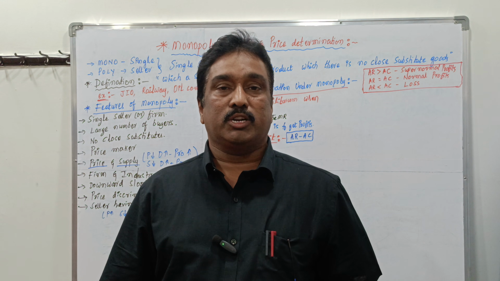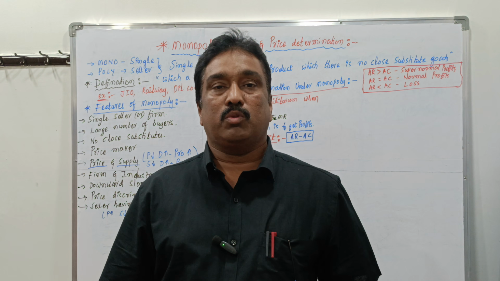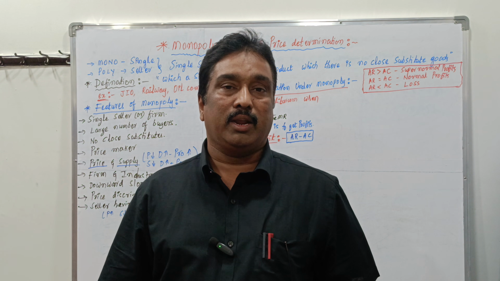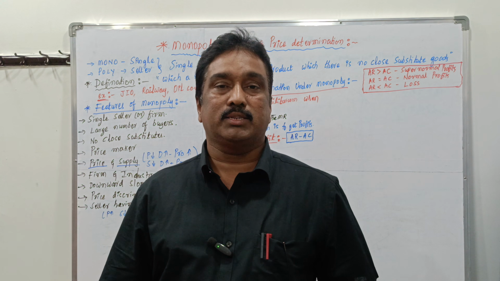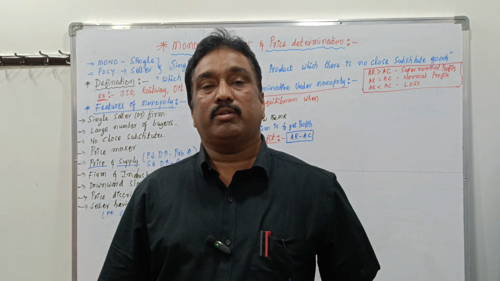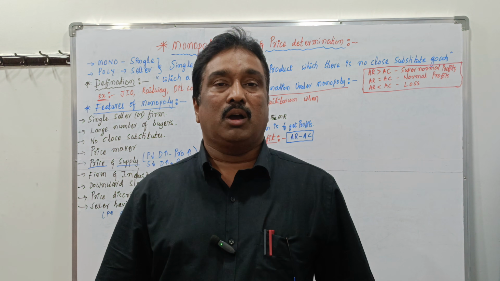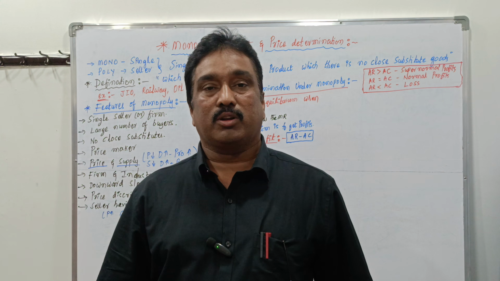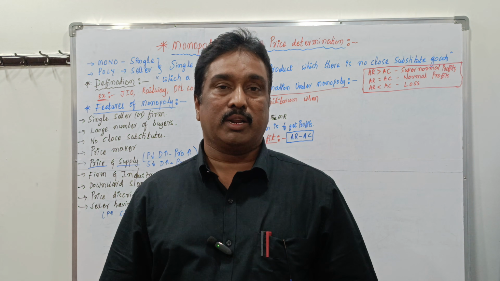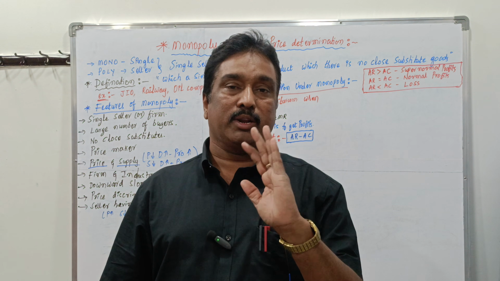Today also I am going to explain a very important topic. So what is called the monopoly? How to determine the price and output in the monopoly market. In our previous video, I already clearly explained how to determine the price in the perfect competition market, the total features of the perfect competition market, and the table and graph explanation, how to determine the price.